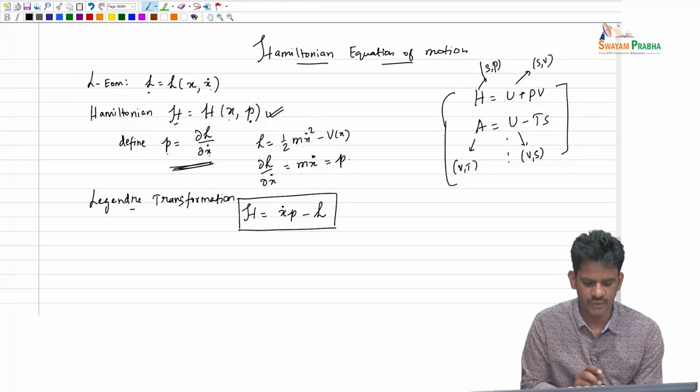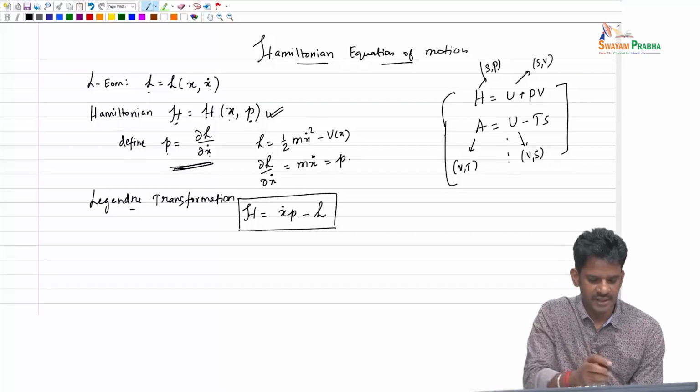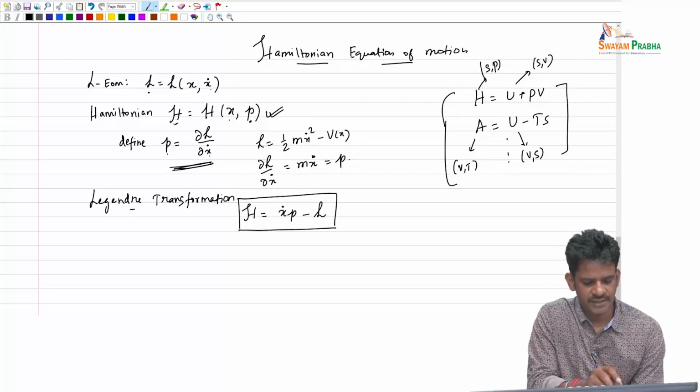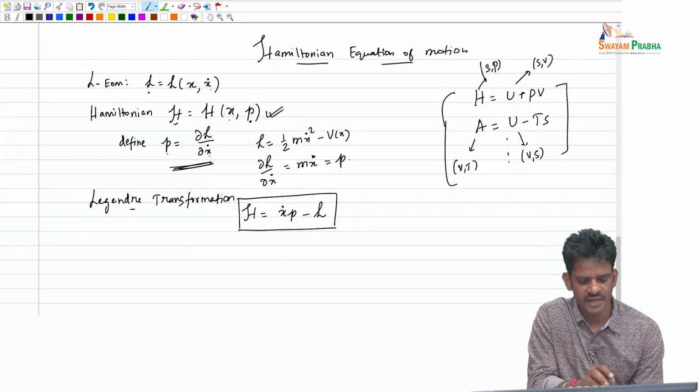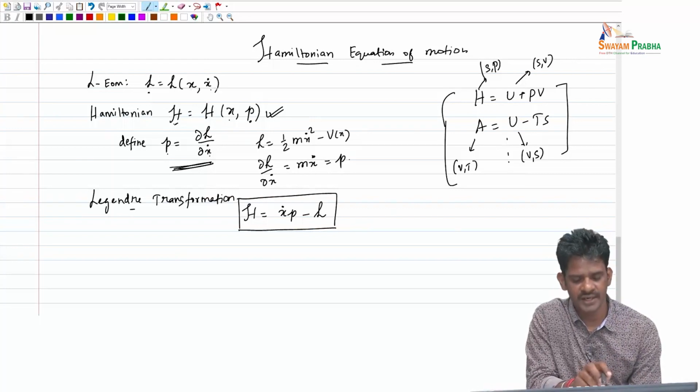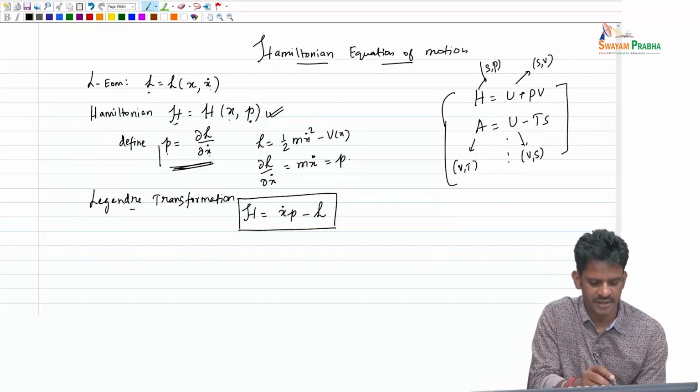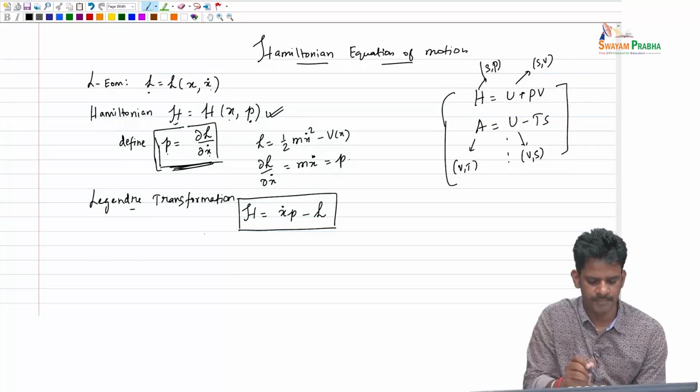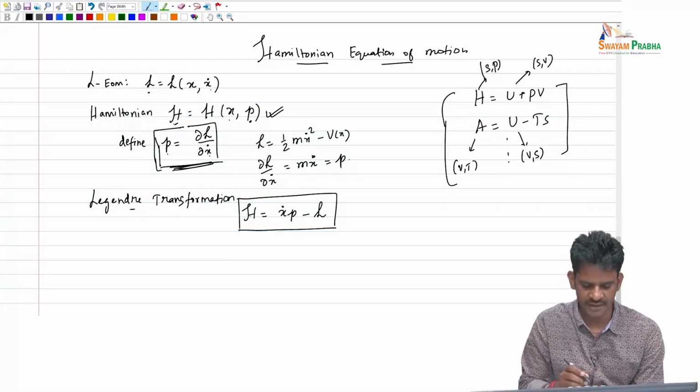The same way we are doing it in classical mechanics also, because the Lagrangian and Hamiltonian both share one variable as the same, which is a coordinate. The other variables x dot and p are defined by this particular relationship. Okay, so this allows us to use Legendre transformation to define the Hamiltonian.